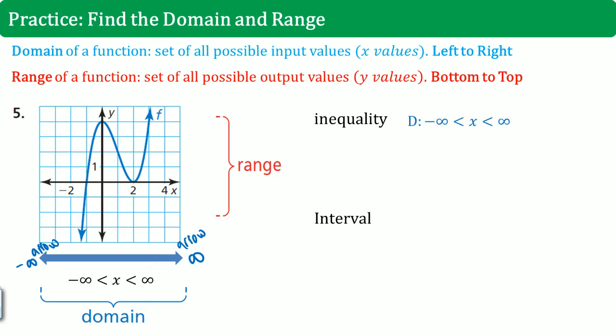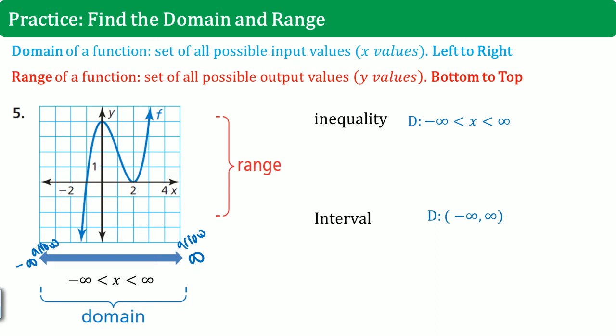The inequality should look like that. It is open, negative infinity, you open it, less than x, and x is less than positive infinity. The interval, you open it at negative infinity, you also open it with a parentheses at positive infinity.